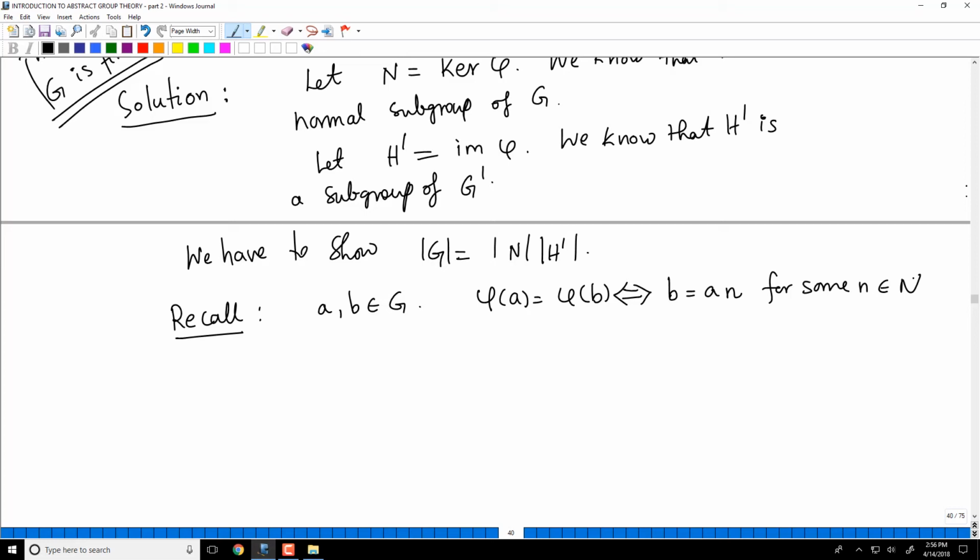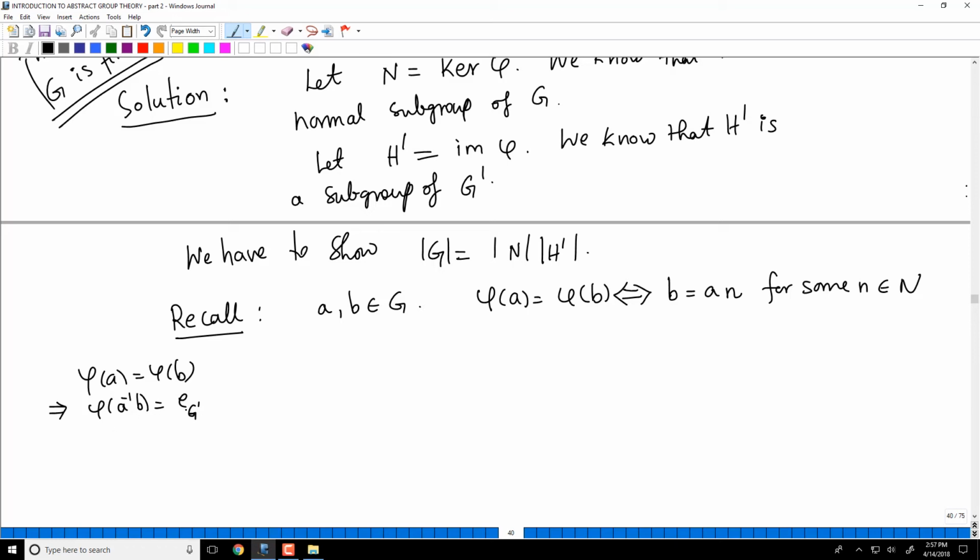Why is this? This was done by us, but let's quickly recall this. Phi of A is equal to phi of B. That means phi of A inverse B is e of G prime. This is because phi of A inverse times B is phi of A inverse times phi of B. Phi of A inverse is phi of A whole inverse.